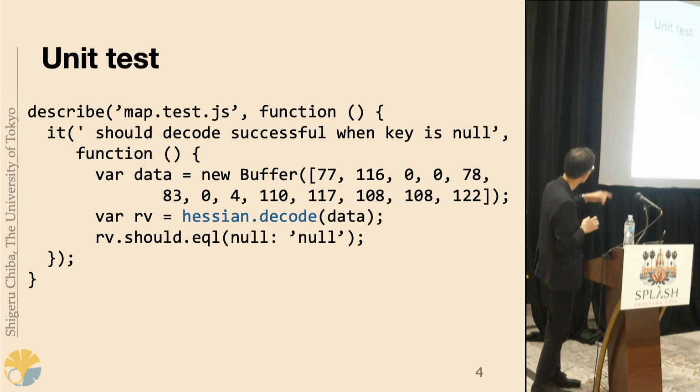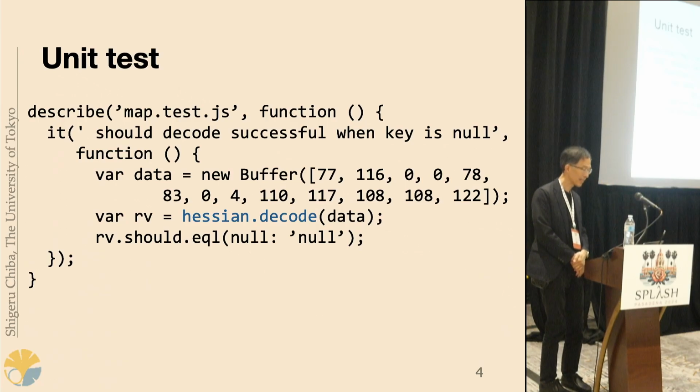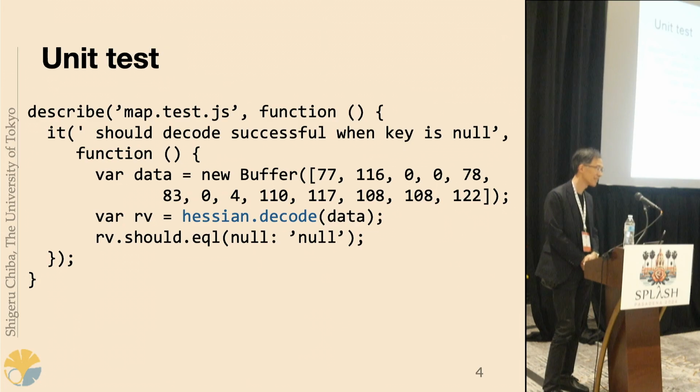The remaining code first sets up a bunch of data, and calls Hessian.decode with the data. Hessian.decode is the function we want to test, and it returns null. That's okay. And if it returns a different value, we identify that this decode function doesn't work well, it causes a regression.